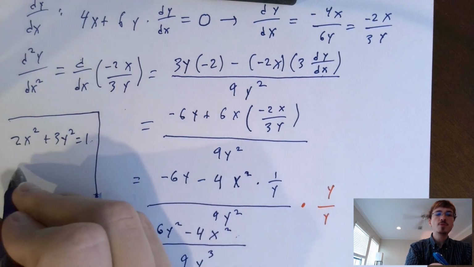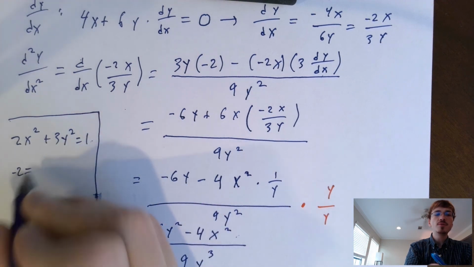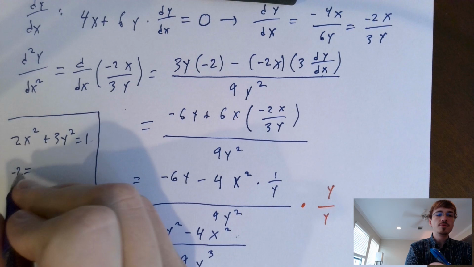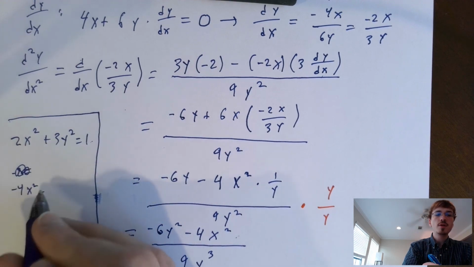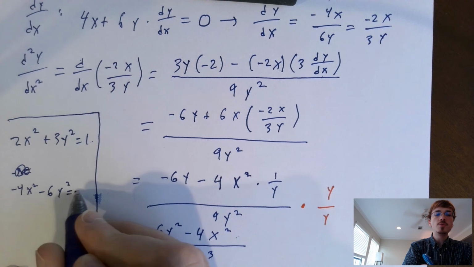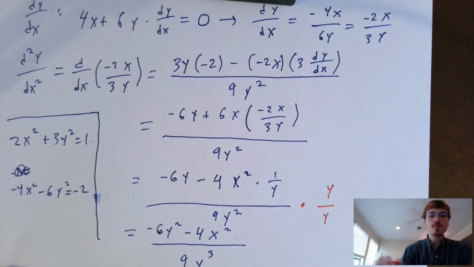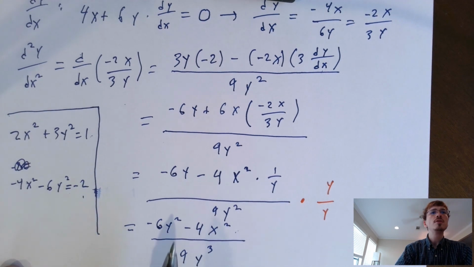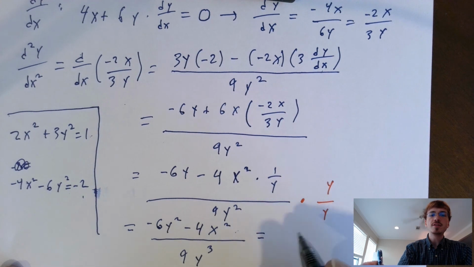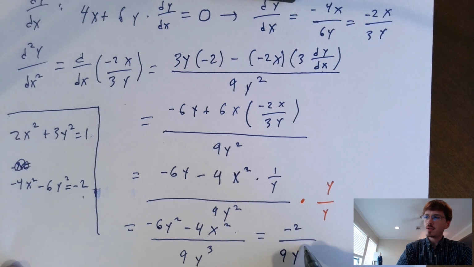We get negative 4x squared minus 6y squared equals negative 2. And here I see negative 6y squared minus 4x squared. So that quantity must be negative 2. So this fraction simplifies to negative 2 divided by 9y cubed.